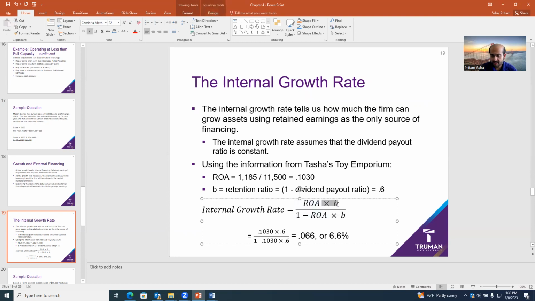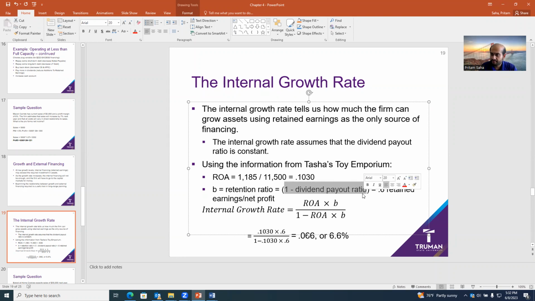So this is the retention ratio. You can calculate it either as retained earnings divided by net profit, or 1 minus the dividend payout ratio.